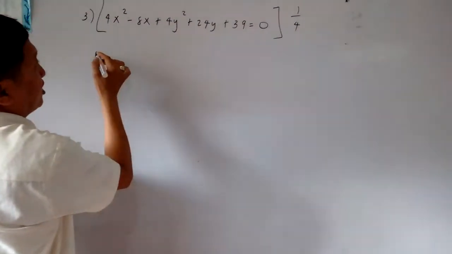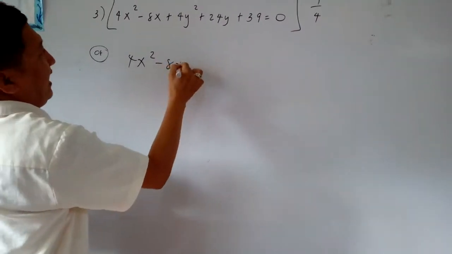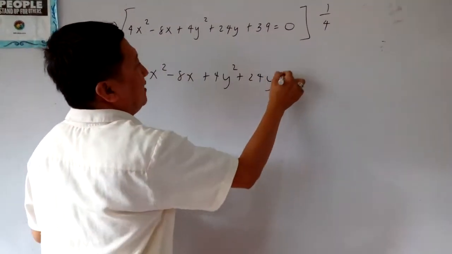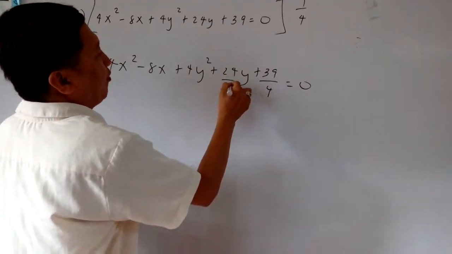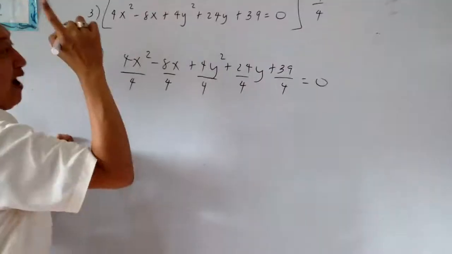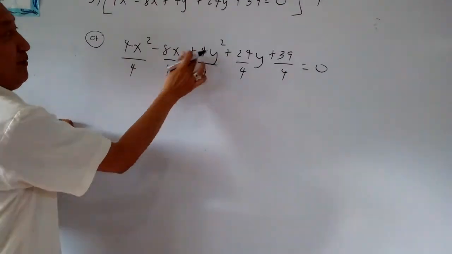So we have 4x squared minus 8x plus 4y squared plus 24y plus 39 over 4 equals 0. Over 4, over 4, over 4, over 4. Why 4? To make this equal to 1. And this will become what?